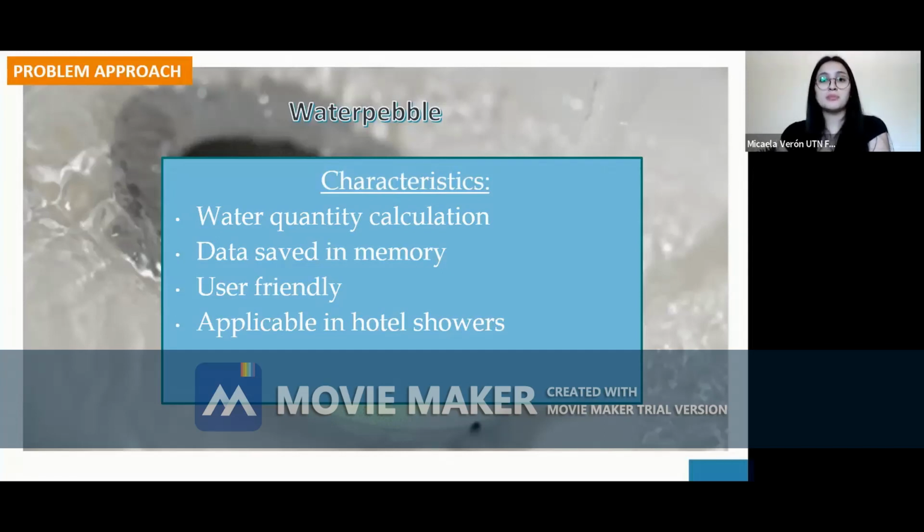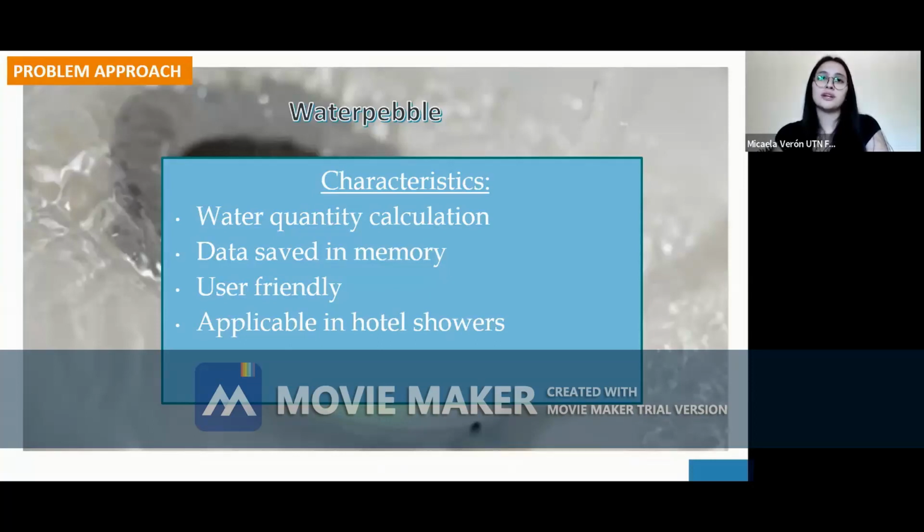It can be placed on the floor of the shower, and the information is saved in the device's memory, and this data is used in the next showers to warn the user about their consumption.